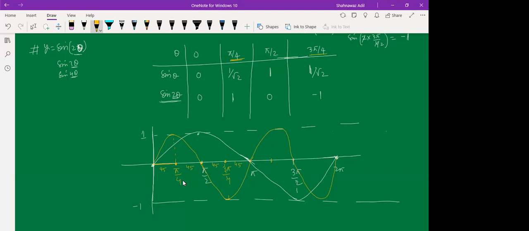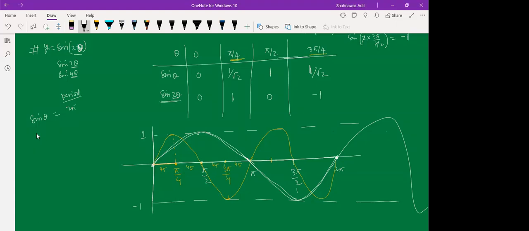So when it is repeating its exact same structure, you see that for the sine function this was the repetition. At 2 pi it repeated the same thing. Clear? So for sine theta, the period was 2 pi.